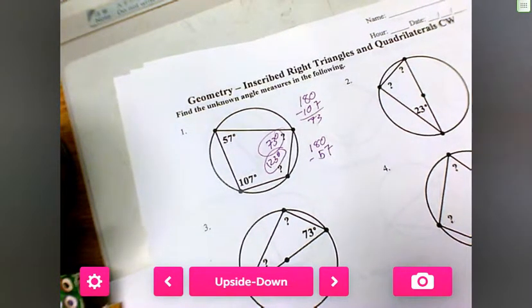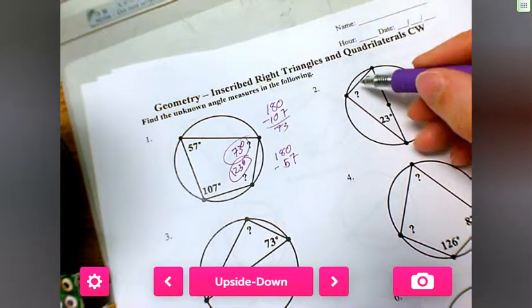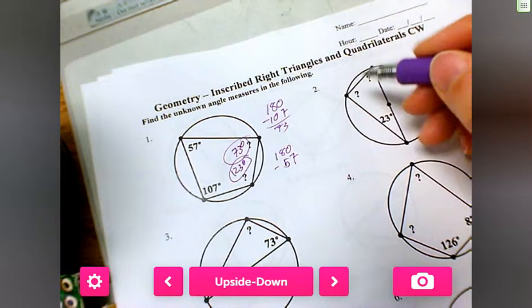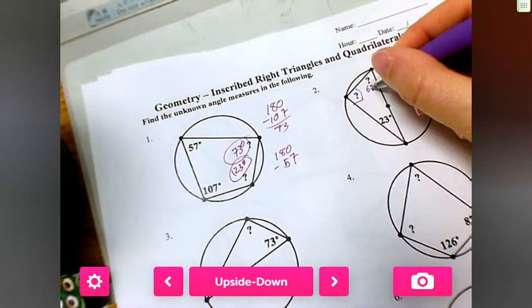Okay. Looking at number 2. This is a right triangle. What is this angle right here? It has to be 90.